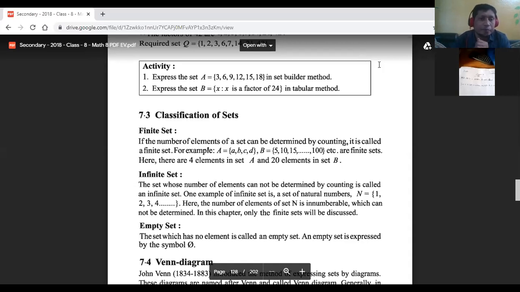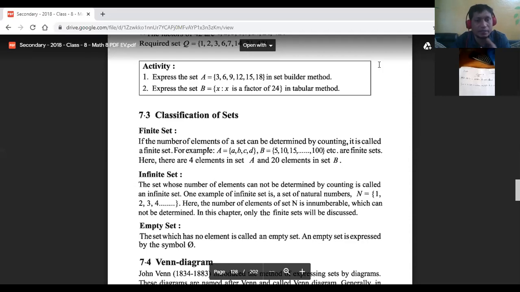It can be any value greater than 1 crore, 2 crore, 3 crore, 1 billion, trillion, etc. There is no ending point. Natural numbers start from 1, but there is no last limit. So it is an infinite set.